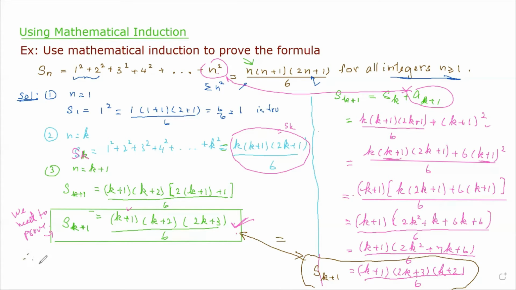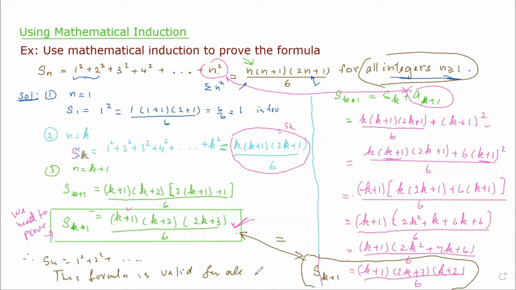So we can state the conclusion at the end: S_n equal to 1 squared plus 2 squared plus and so on, just say this formula is valid for all integers n greater than or equal to 1.